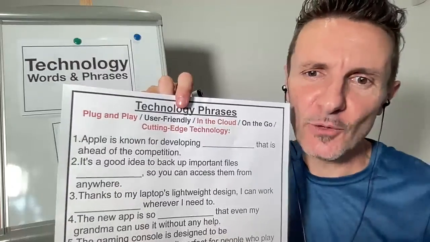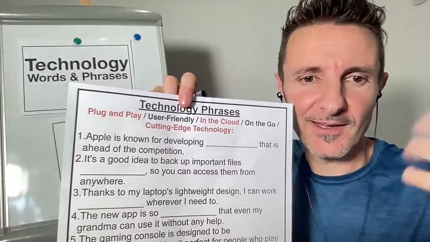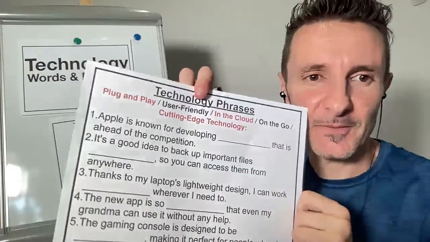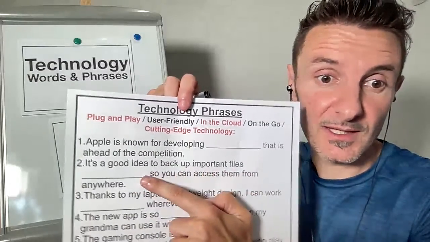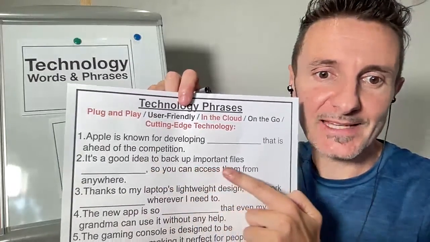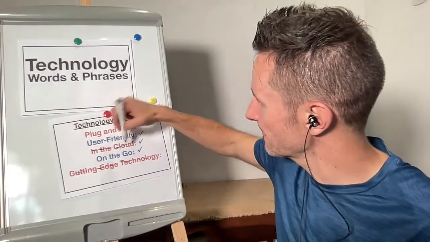In the cloud. Robert, Giorgio, Marcia, Jennifer, Pure Care, Luan, Mustafa, and Miranda. Excellent. You're all correct. In the cloud. So it's a good idea to back up important files in the cloud so you can access them from anywhere. Well done, Mustafa. Miranda, excellent. So in the cloud, we have found.